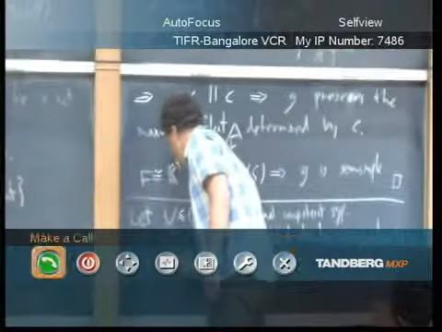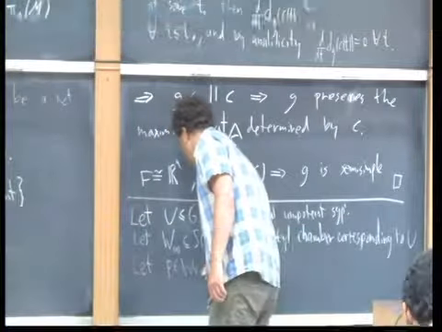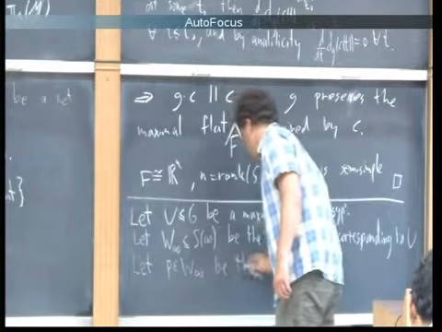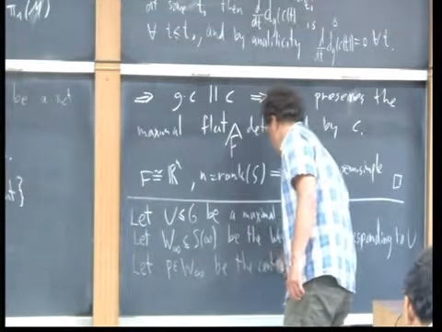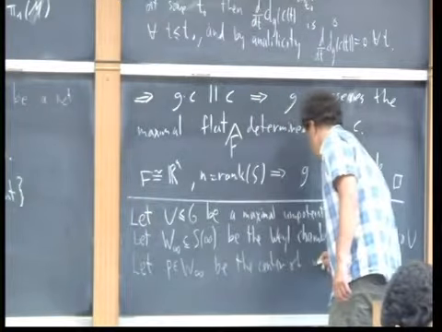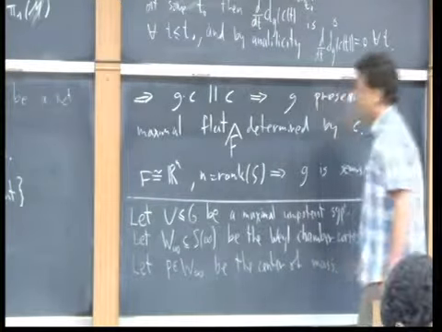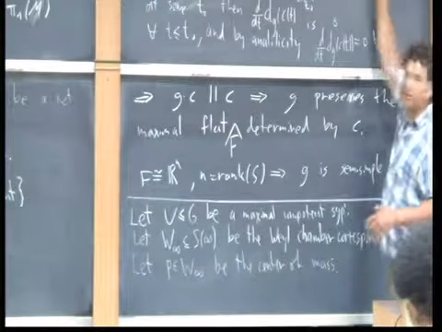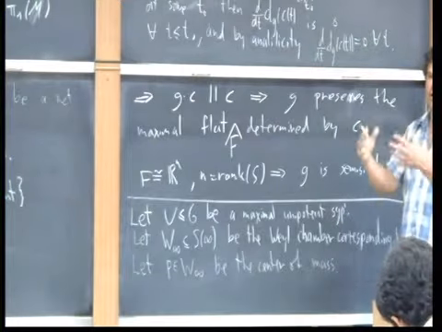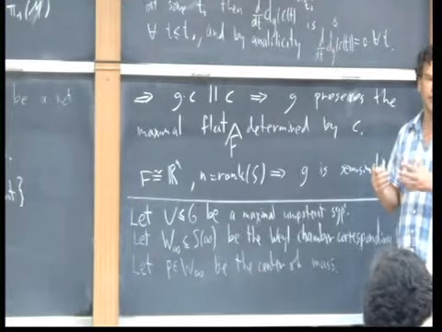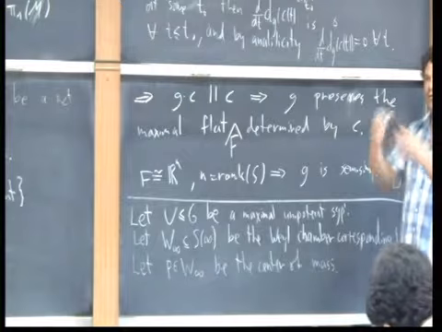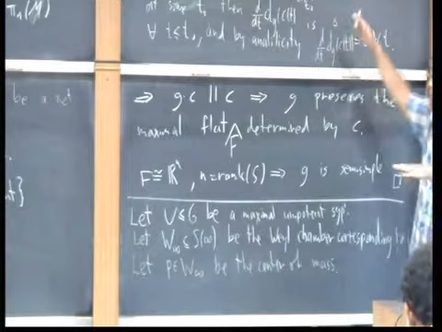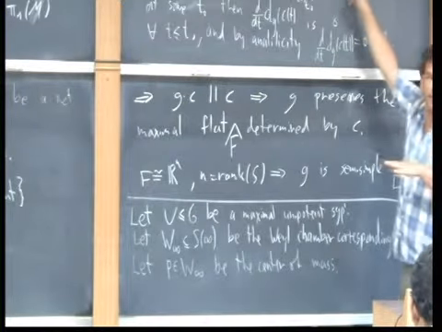Let P in W be the center of mass. So what do I mean? This W is isometric to a spherical simplex, and the spherical simplex is contained in a half sphere. It's always the case for a Weyl chamber. It's contained in a half sphere and it has non-empty interior.